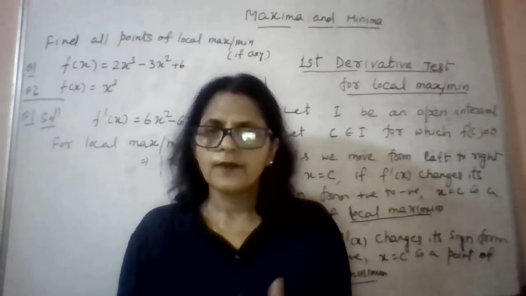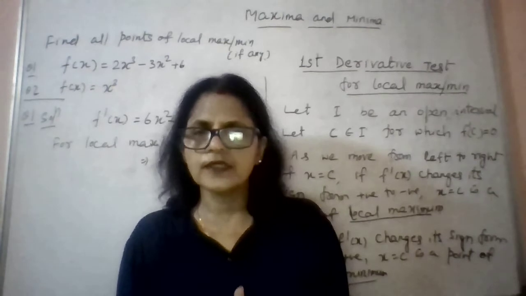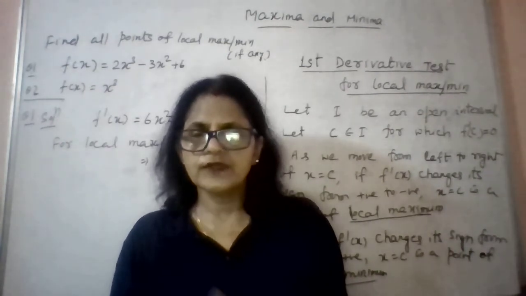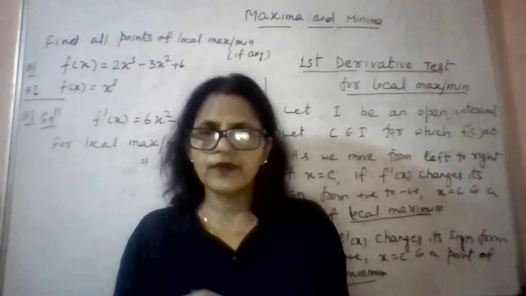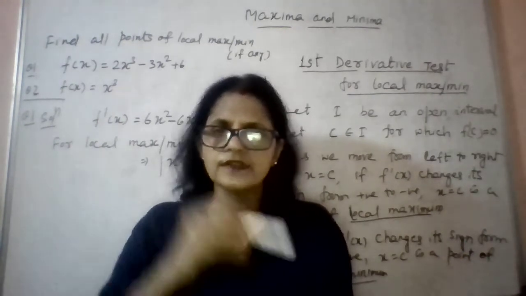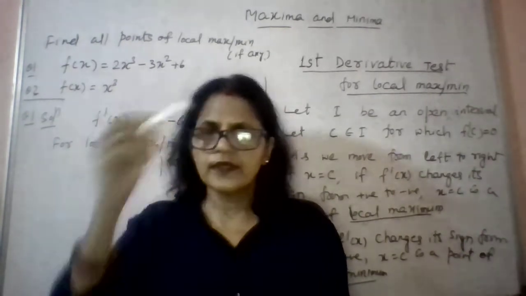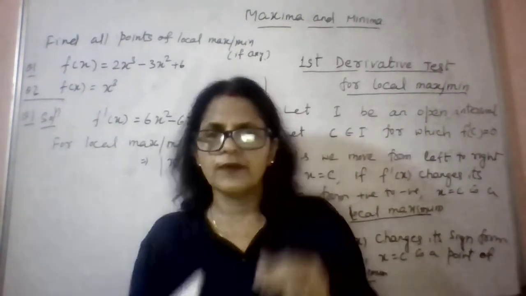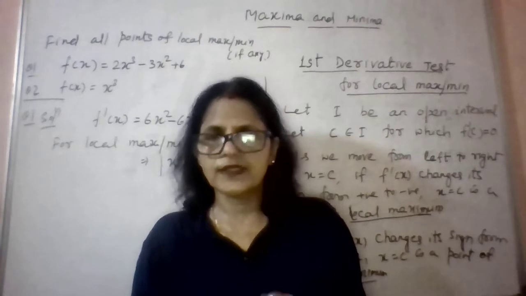So point of inflection means basically what? The sudden change of the shape of the curve. Whenever you have a curve like this, increasing, then at the peak, you are coming down, that is a point of local maximum.